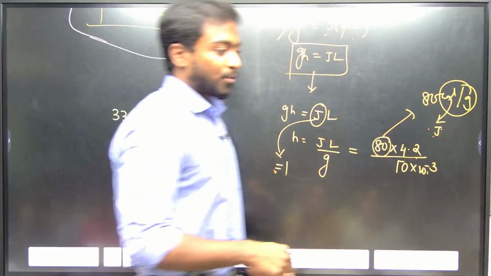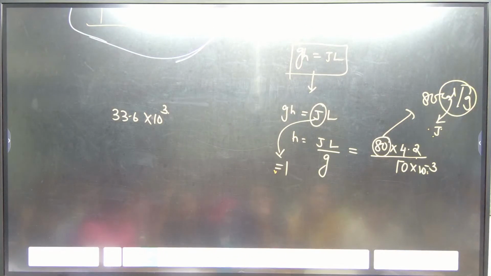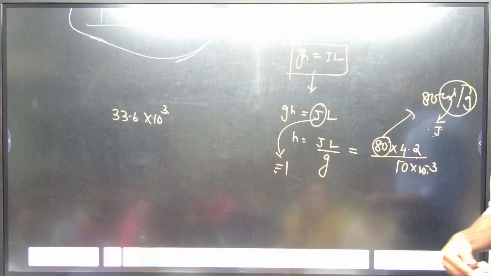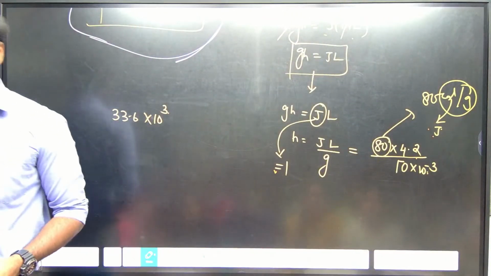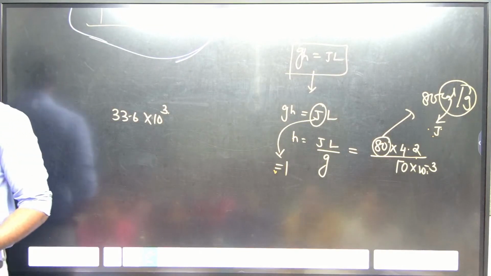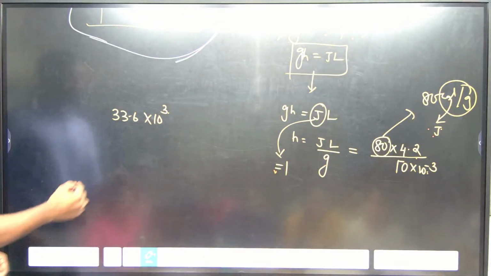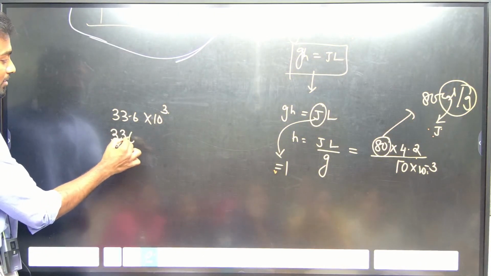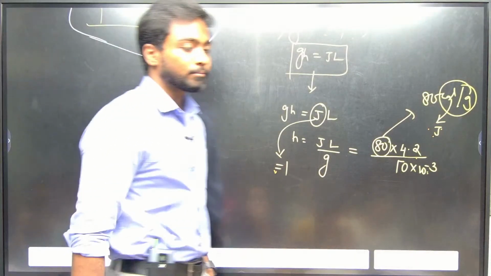Once again check the calculation. Whoever got 37 point something, check the calculation. There is a correct answer. So we will get 33600 kilometer.